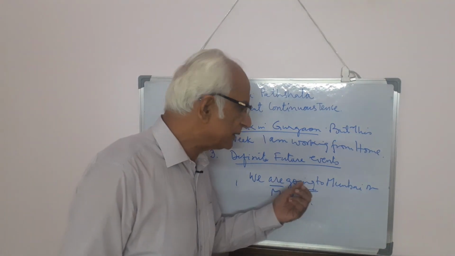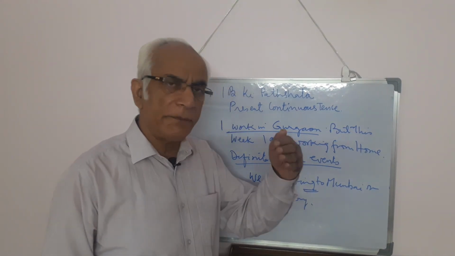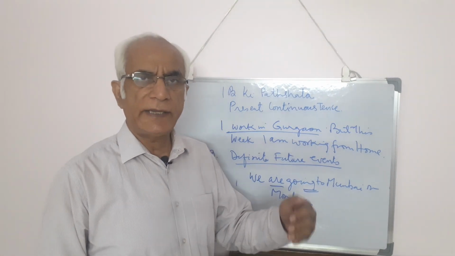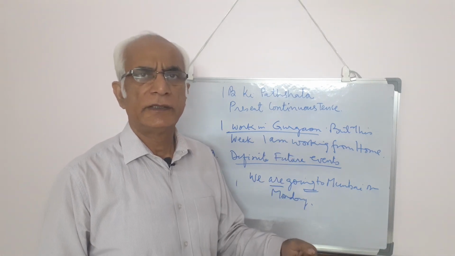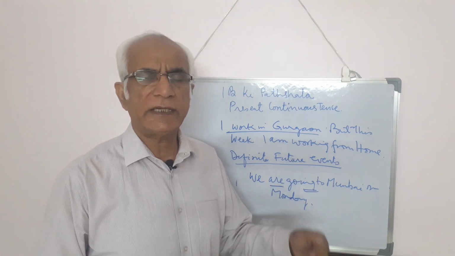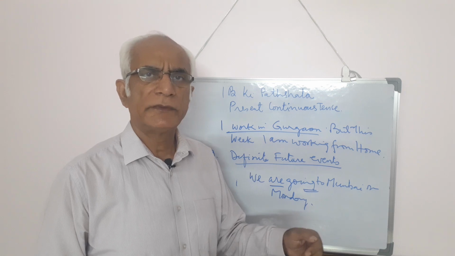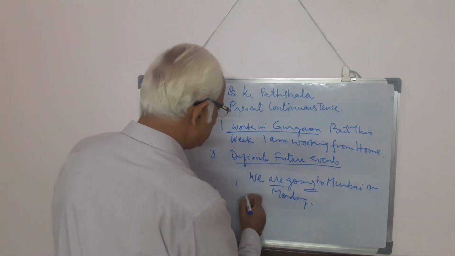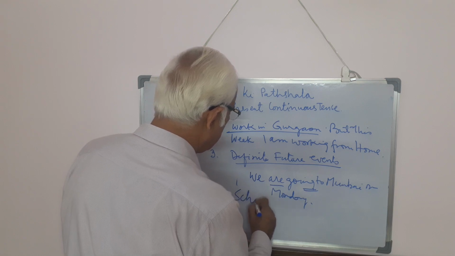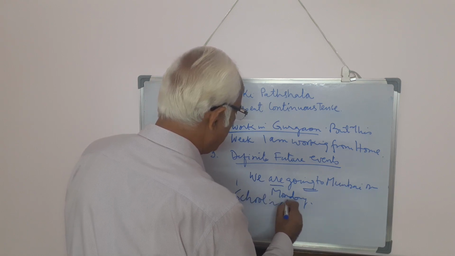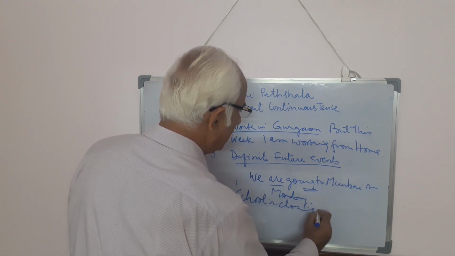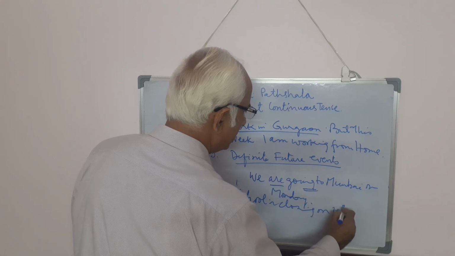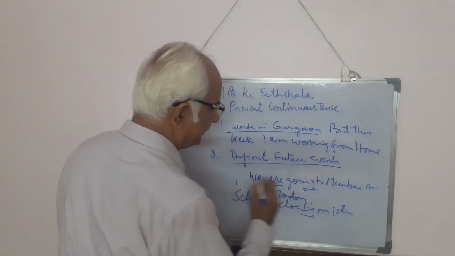Why are we using present continuous tense? Because the program is fixed. The date is decided. It's a definite activity that will happen on a particular time in future. School is closing on 10th. Is closing.